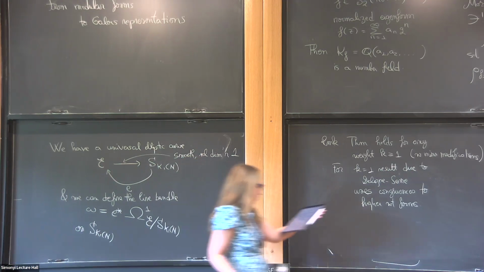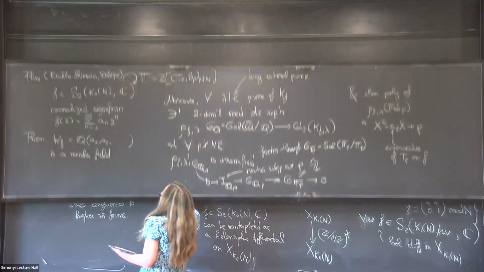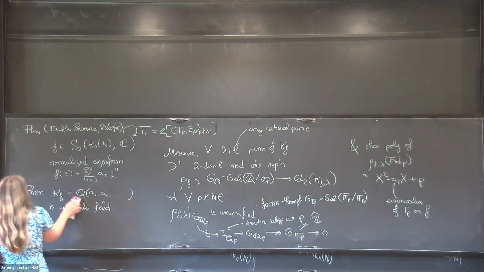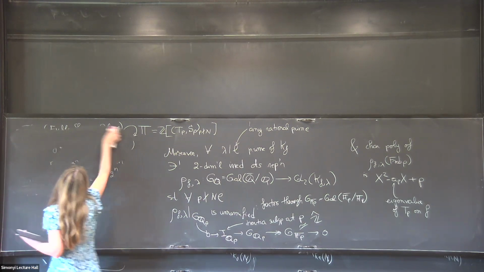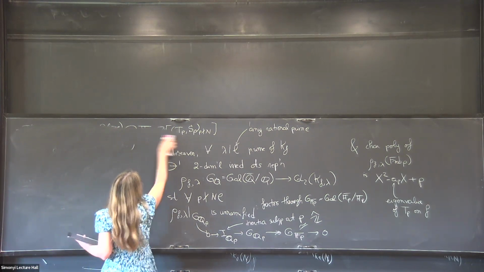So let me just write down. A minor technical point is that you can actually compactify this even over Z[1/N], and the line bundle also extends to the compactification.